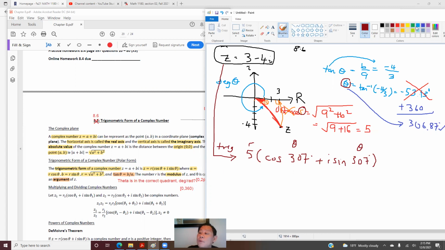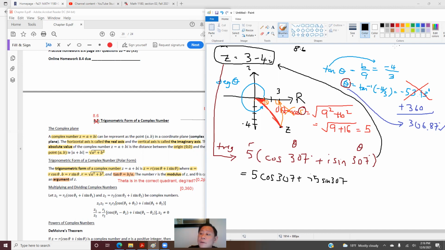If you want to go the other way around, from trigonometry to complex, then you just use your calculator and type what is 5 times cosine 307, and what is 5 times sine 307.